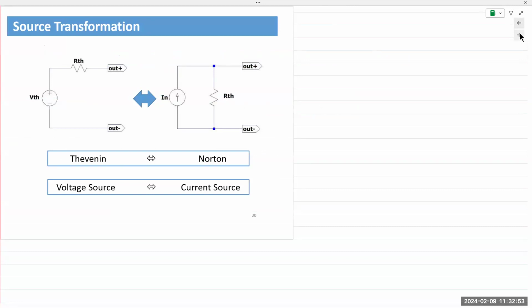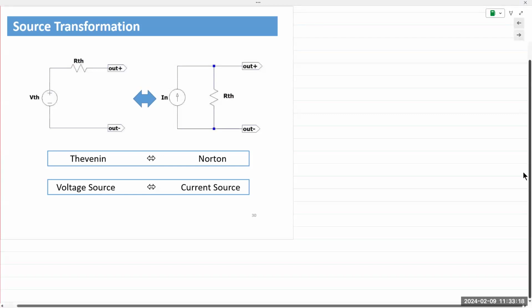The reason is that the concept is easy, but it's tricky to actually do it. Oftentimes I find myself trying to do this and I end up with the incorrect answer. So I always tell students that it's easy to understand, but not easy to implement.